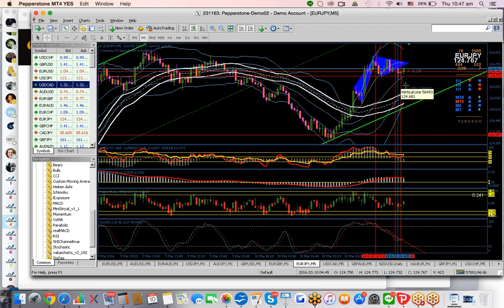Looking at about here, what's the potential? 65. Retest would be the midpoint.